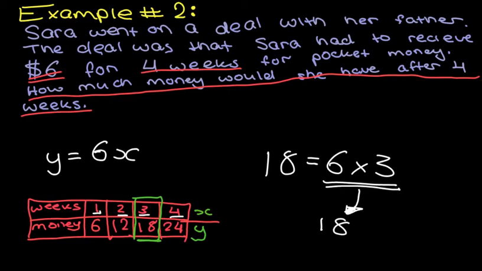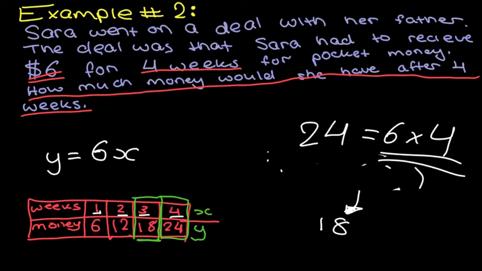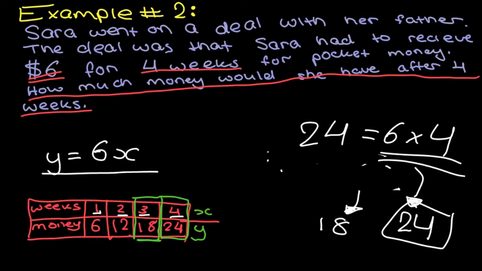If we try another one, for example 4 and 24, that is also correct because if we write 24 equals 6 times 4, that is true because 6 times 4 equals 24. And this is the rule.